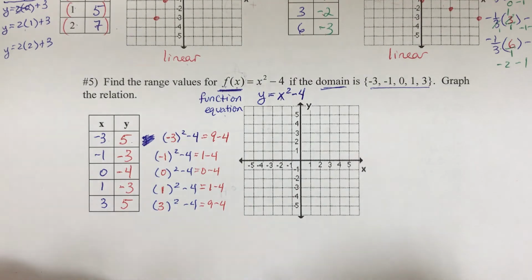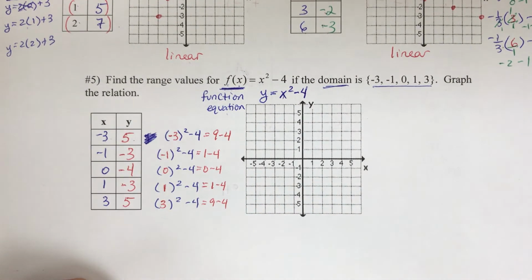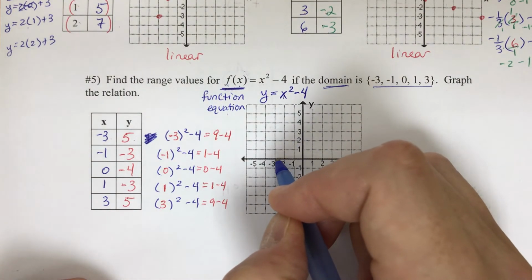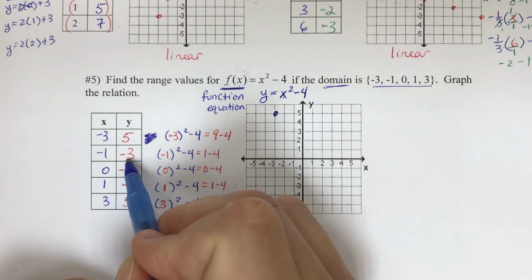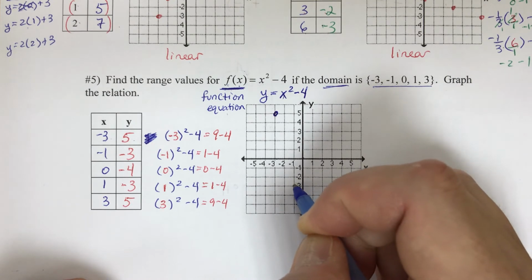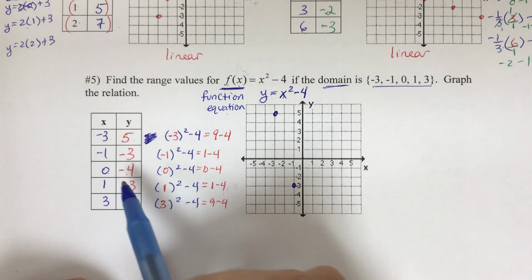Okay, so let's check this one out here. We're going to graph -3, 5. So start at 0, 0. We go left 3, up 5. -1, -3. So we go left 1, down 3. 0, -4.